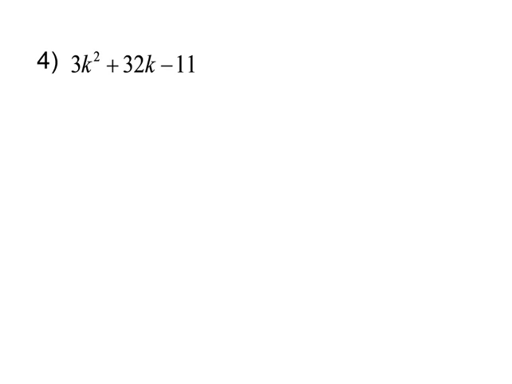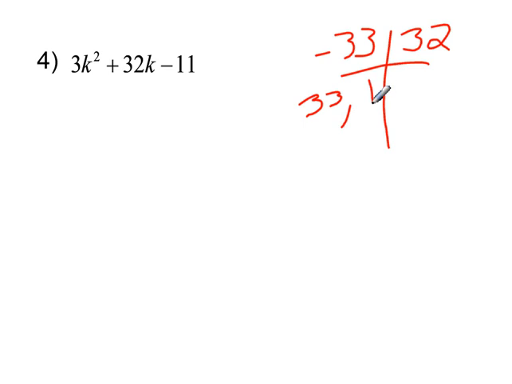All right, A times C. A times C is negative 33. I need some factors of negative 33 whose sum is 32. So I've got positive 33, negative 1.